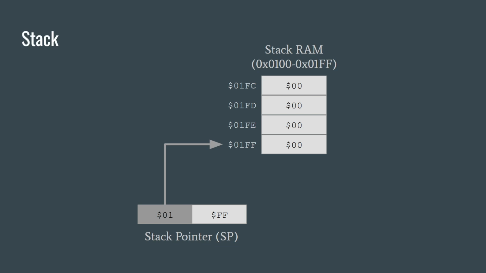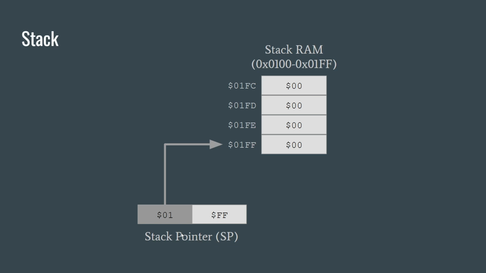So with the abstract idea out of the way, let's talk about how this is implemented in the 6502. So we talked about the 6502 using addresses 100 through 1FF for the stack. By default, the hardware has the top of the stack pointer. Remember, we talked about the stack pointer as being one of those special registers.